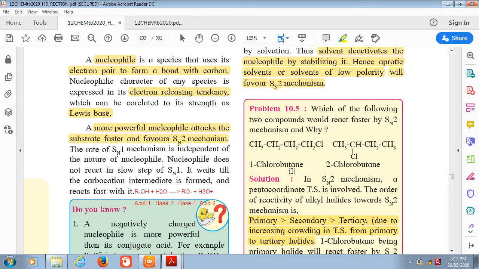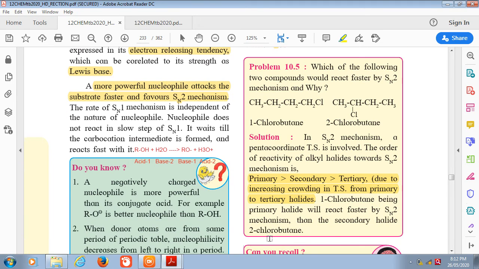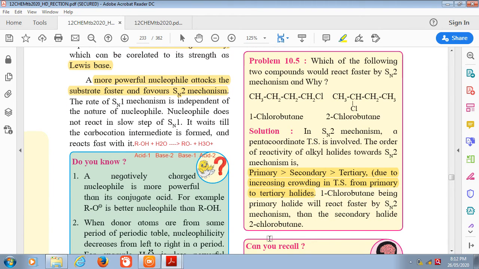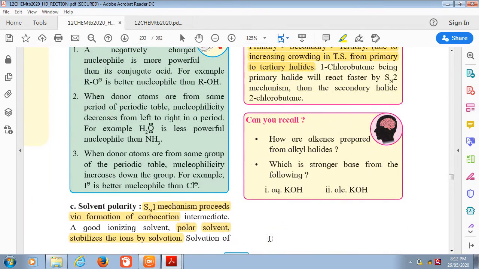As 1-chlorobutane is a primary alkyl halide and 2-chlorobutane is a secondary alkyl halide, the most favored is 1-chlorobutane for the SN2 mechanism. So simply you have to understand which is primary and which is secondary, and according to that you can write the answer. One more question is, how are alkenes prepared from alkyl halides?